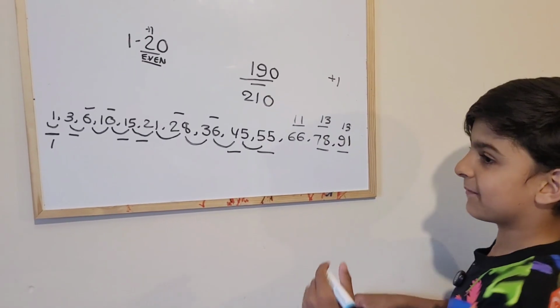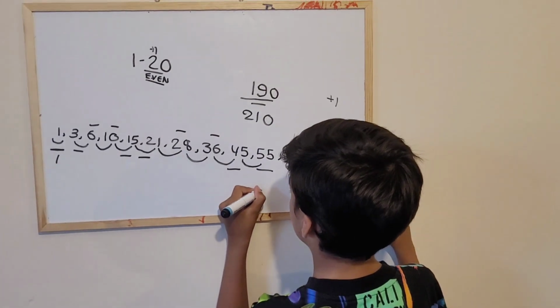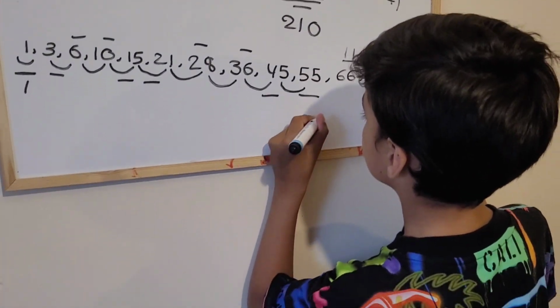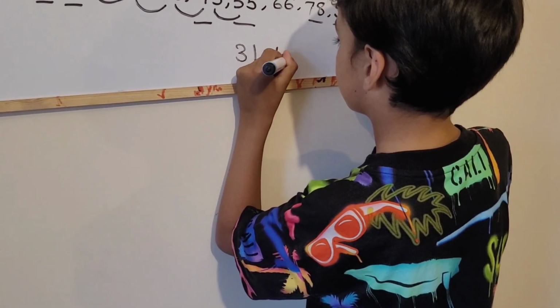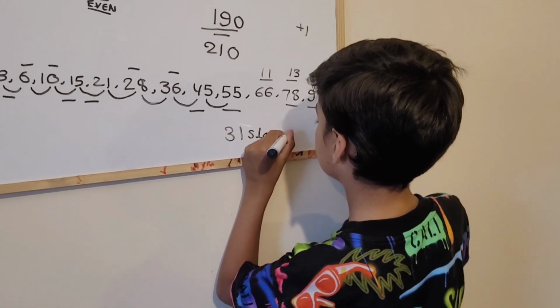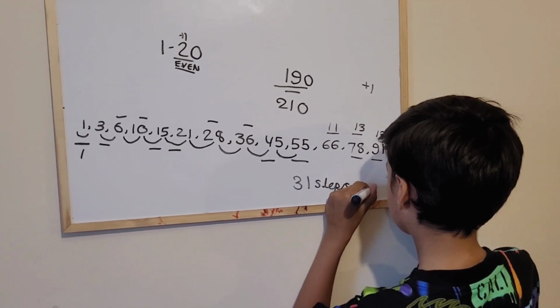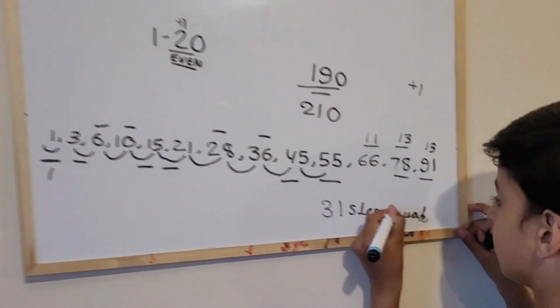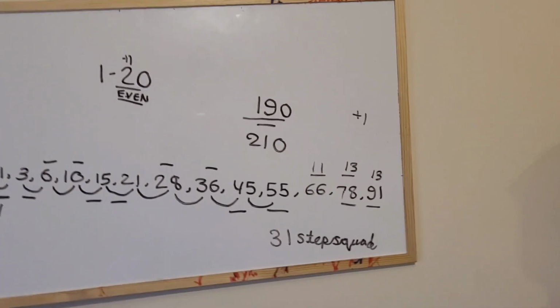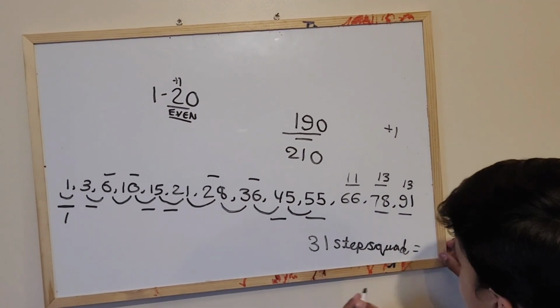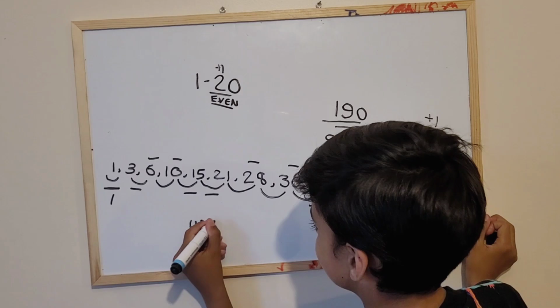But let's see what 31 step squad is, which is in really good triangle numbers most of the time. 31 step squad equals 496.